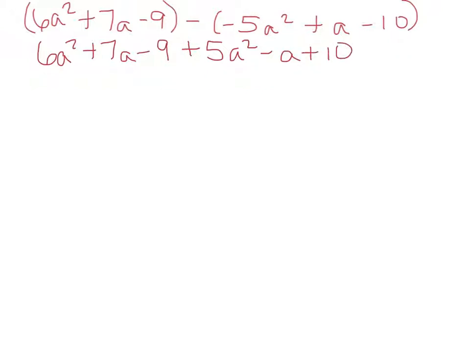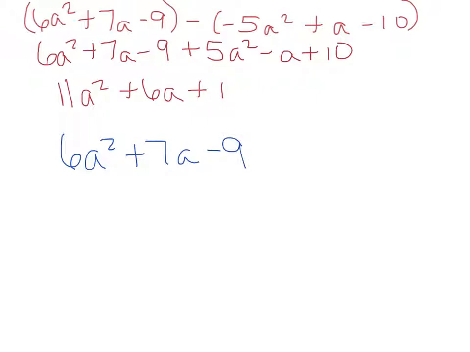Okay? So then we combine our like terms, 6a squared and 5a squared, and that gives us 11a squared. 7a minus a gives us a positive 6a. And negative 9 plus 10 is going to give us a positive 1. Now, if you do this in the vertical method, you now have 6a squared plus 7a minus 9.